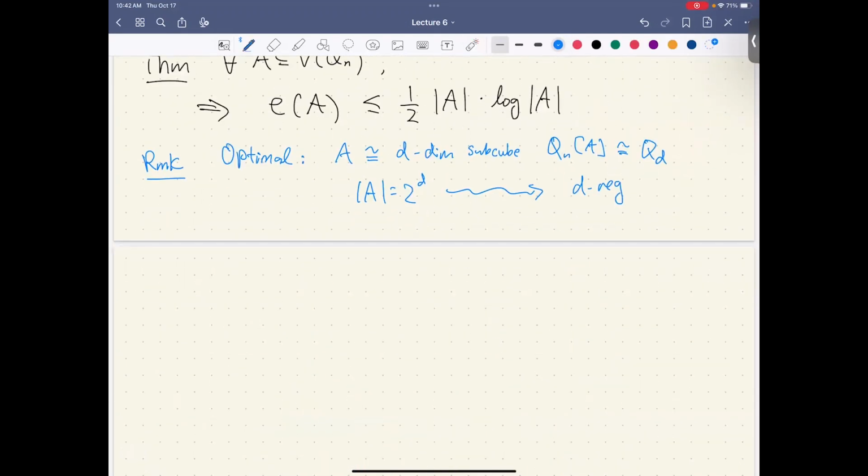So let me write E_i(A), the number of direction i edges in A. Okay.